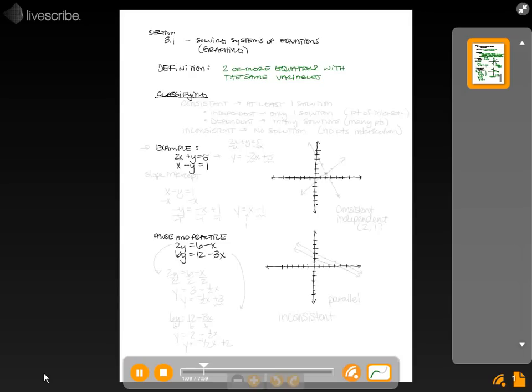Now, there are two different ways we can classify our answers to these. You're going to get an answer for each system by graphing it today, and you're going to have to classify it also. The first way to classify them is either consistent or inconsistent.